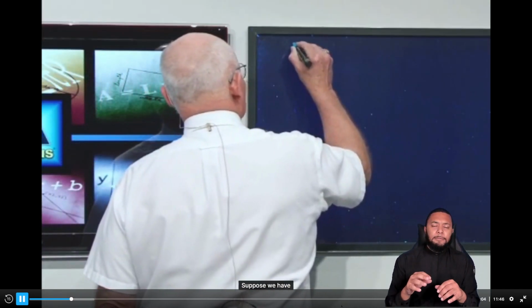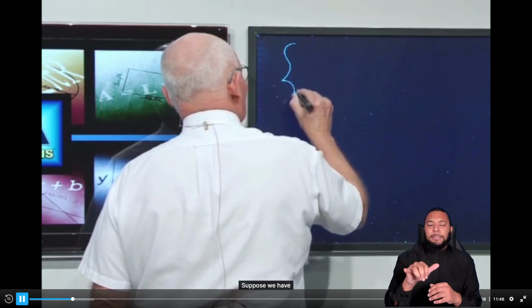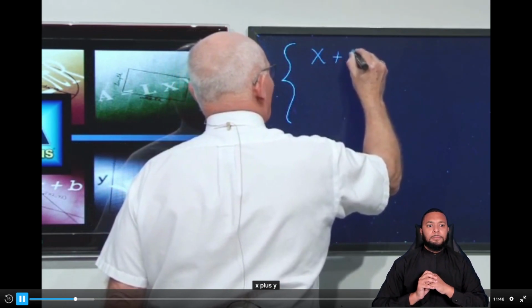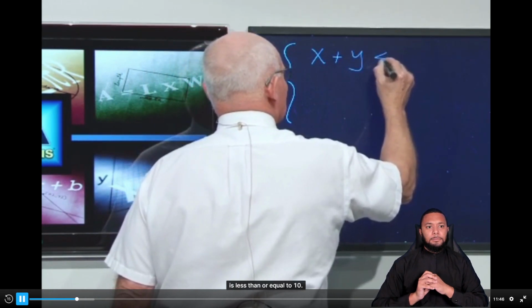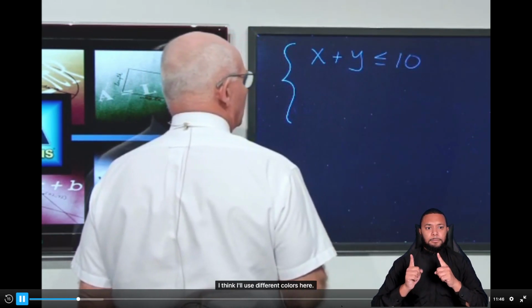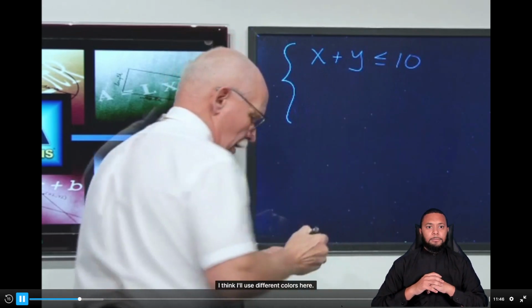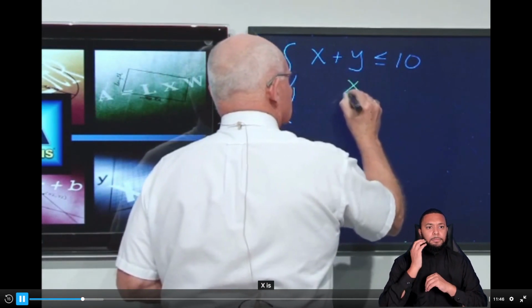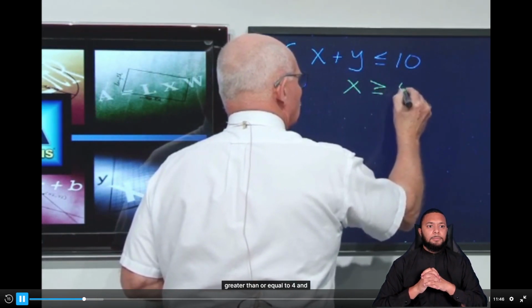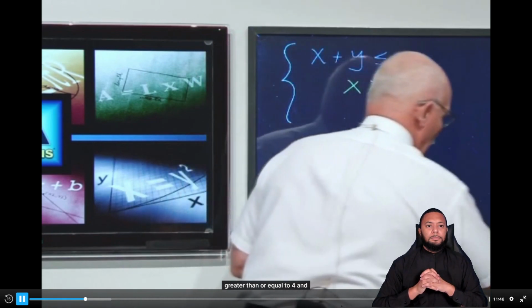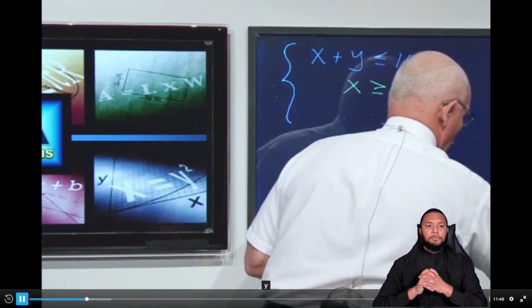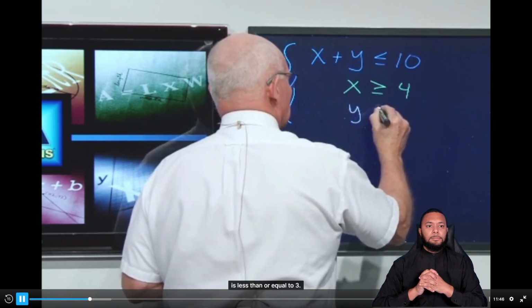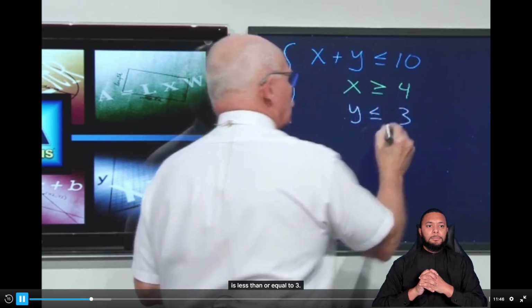Suppose we have x plus y is less than or equal to 10. I think I'll use different colors here. x is greater than or equal to 4, and y is less than or equal to 3.